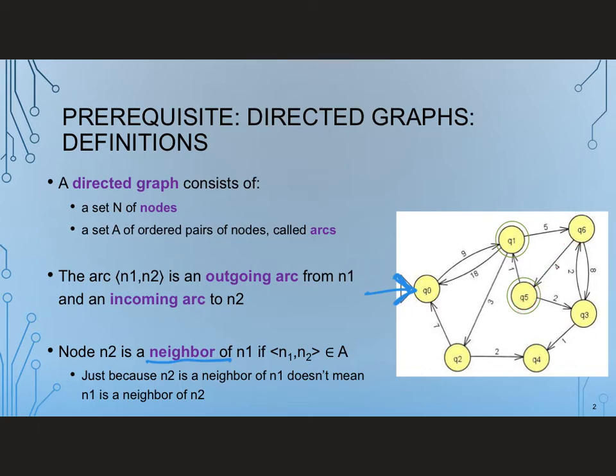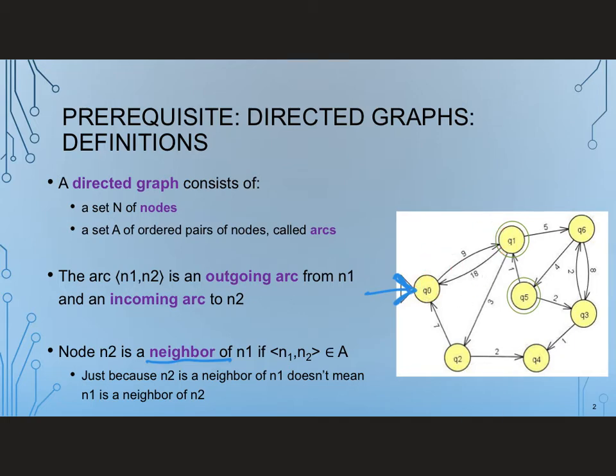Q5 is a neighbor of Q6 because there is an arc from Q6 down to Q5, but Q6 is not a neighbor of Q5 because there's no direct arc starting at Q5 and going to Q6. So our neighbor arcs go in one direction. Now here, of course, Q0 and Q1 are neighbors in both directions, right? Because there is an arc from one place to the other.